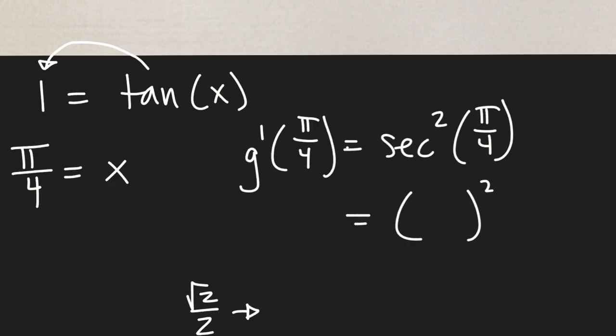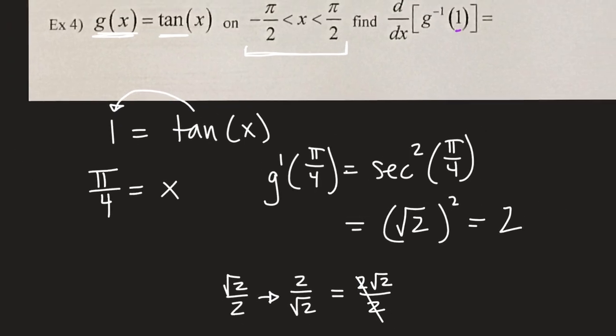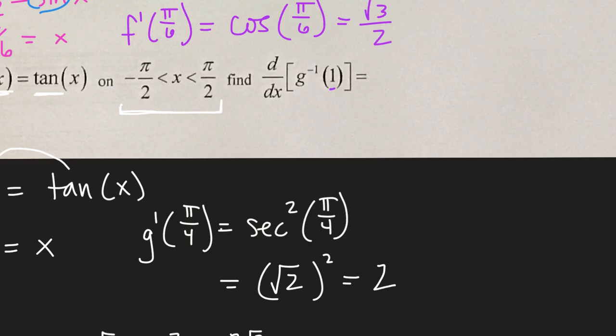So if we reciprocate root 2 over 2, that becomes 2 over root 2, which when we rationalize, 2 roots of 2 over 2 just becomes root 2. So the secant at pi over 4 is root 2. And when I square that, I get the normal number 2. So I'm almost done, because my last step is always to reciprocate, so my final answer is 1/2.